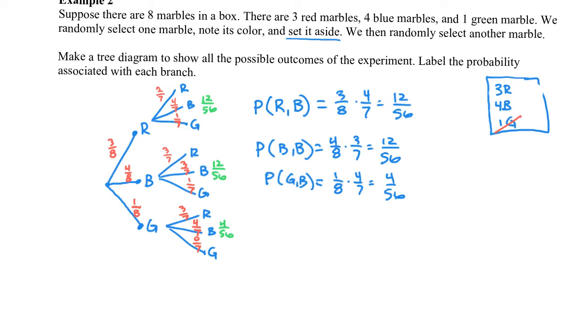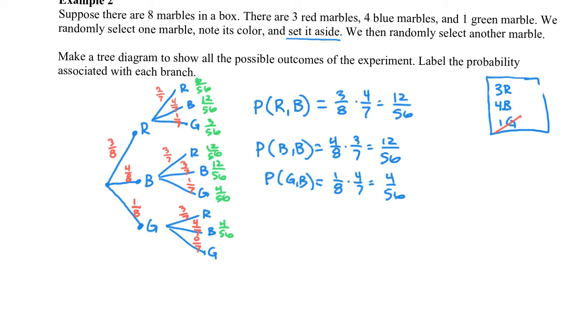And then if you went through and multiplied these across, I'll just fill in the blanks what we would get. We would get 6 out of 56. We would get 3 out of 56, 12 out of 56, 4 out of 56.